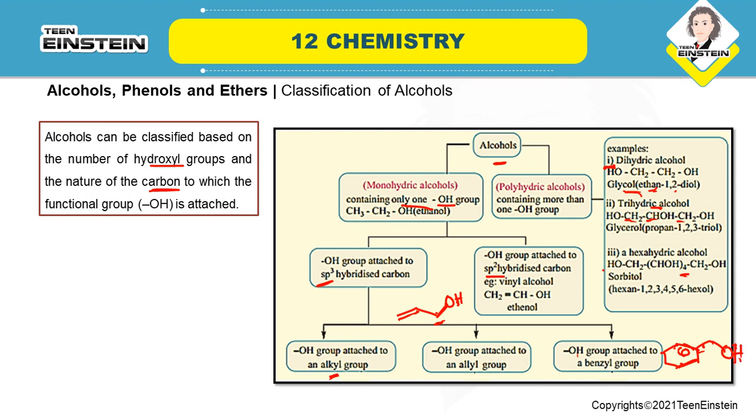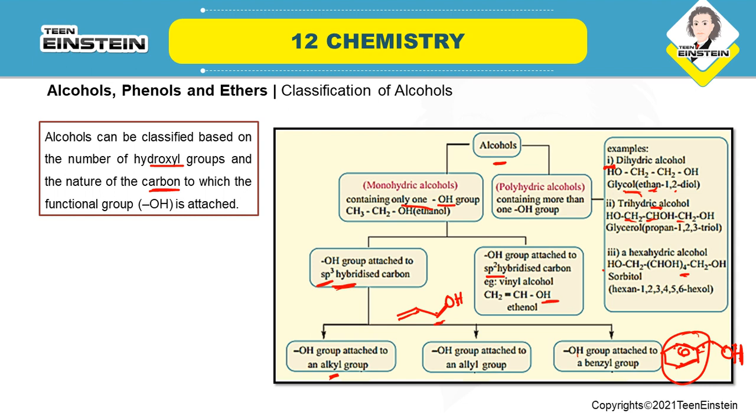So see, this is also an sp3 hybridized carbon with which OH is attached, but this is called benzyl alcohol because of the presence of this benzyl group. Benzyl group is PhCH2 group. So under this category where OH is attached to an sp3 hybridized carbon, you can have three possibilities. And if it is attached to an sp2 hybridized carbon atom, this is the simplest example that is possible.